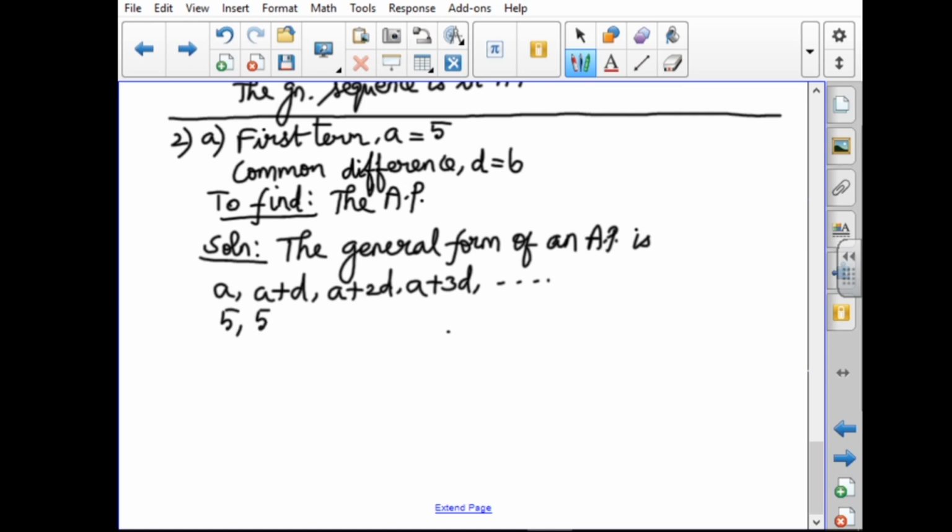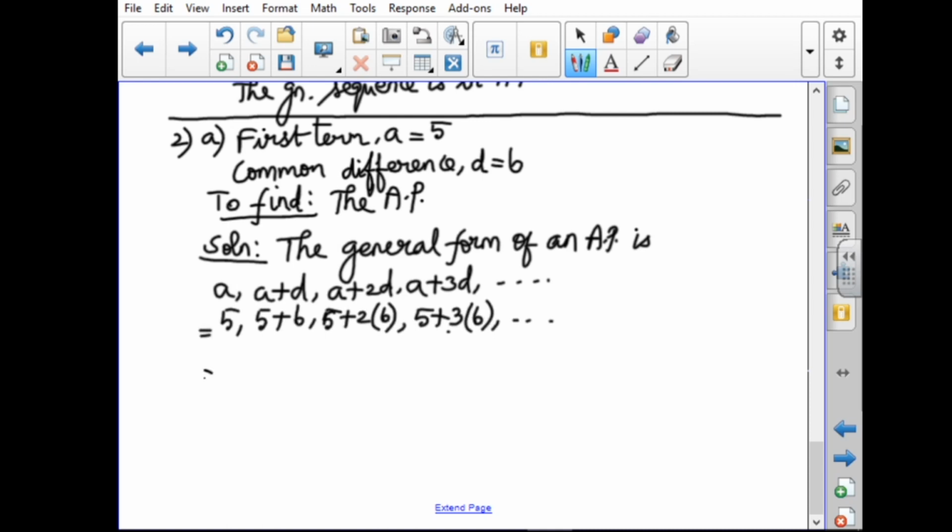Substitute the value for A and D. 5, 5 plus 6, 5 plus 2 into 6, 5 plus 3 into 6, etc.